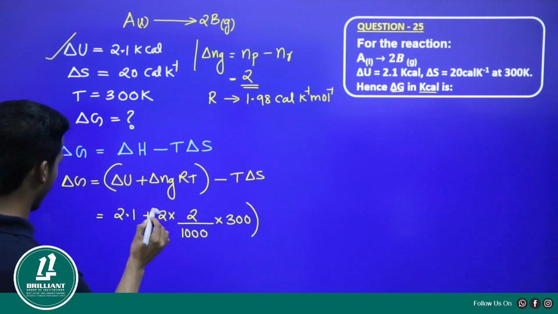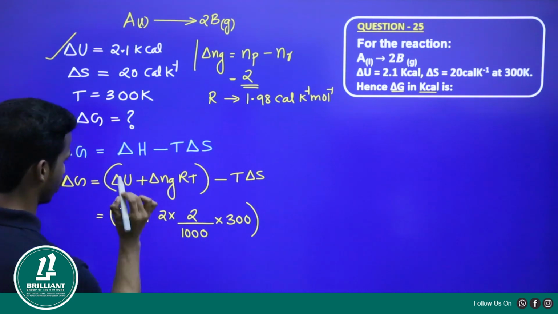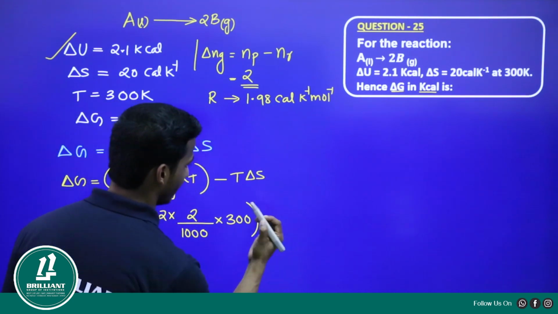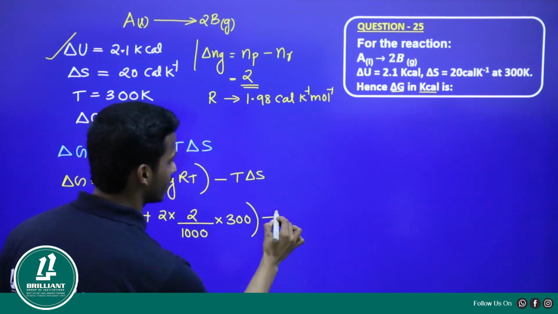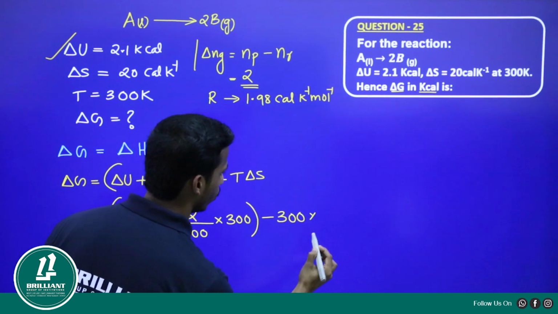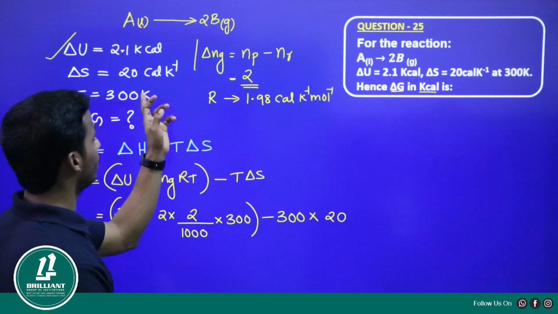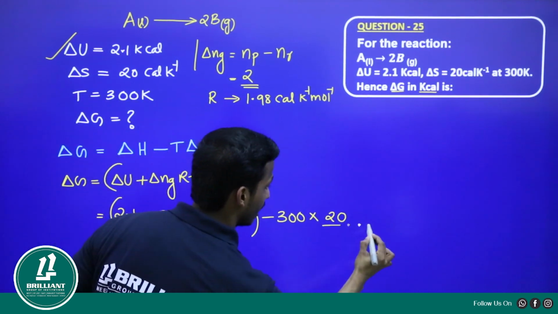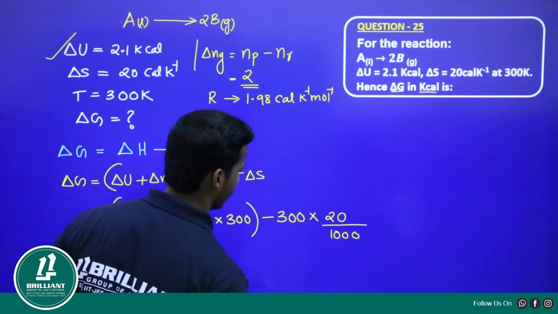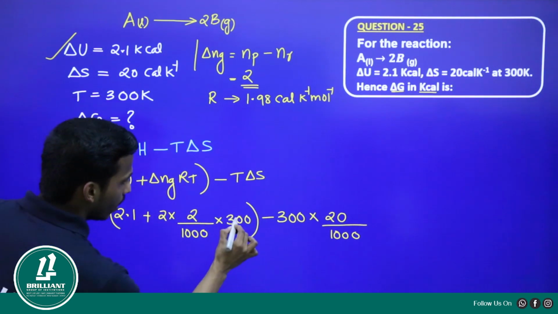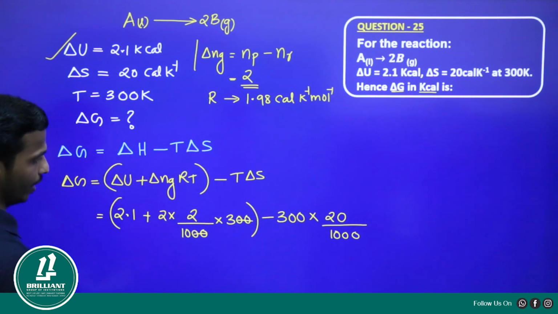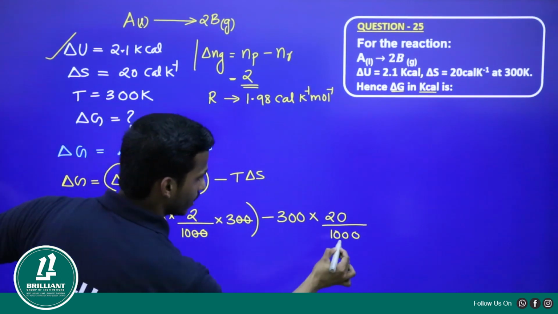We have the value of delta H overall, minus, again the temperature, around 300, into the change in entropy. That's 20 calories, but it should be in kilocalories, so divided by 1000. Let's evaluate. We can cancel these.